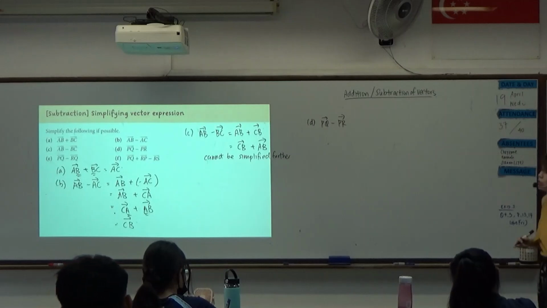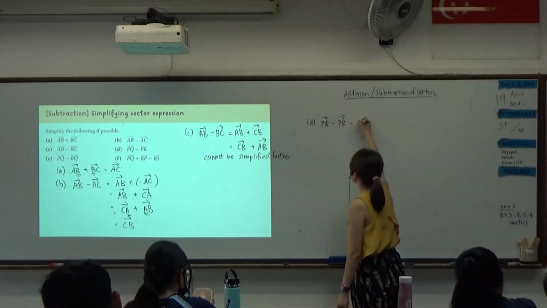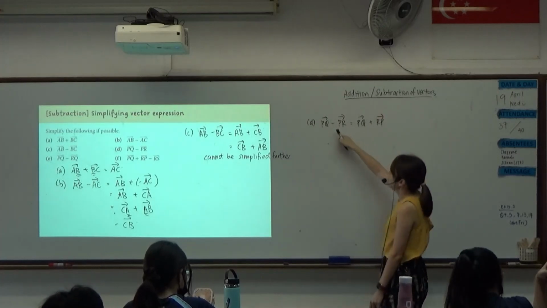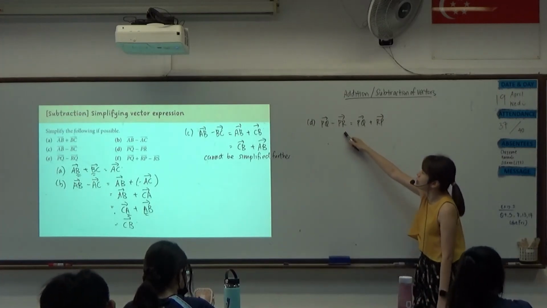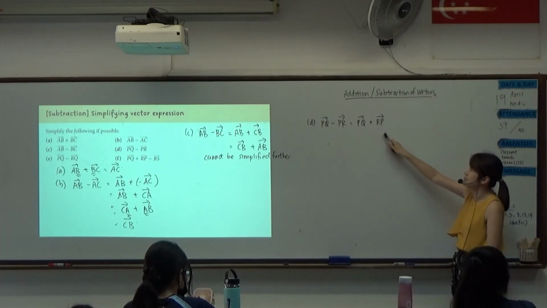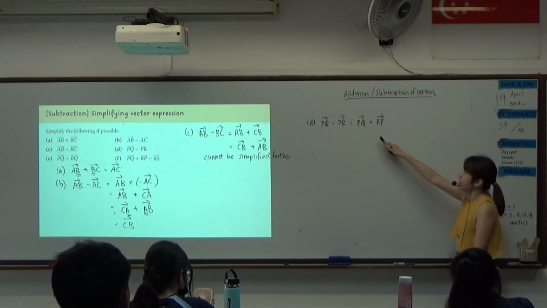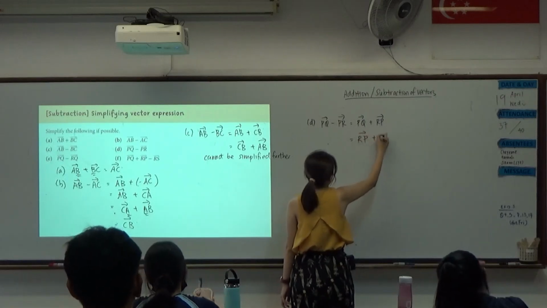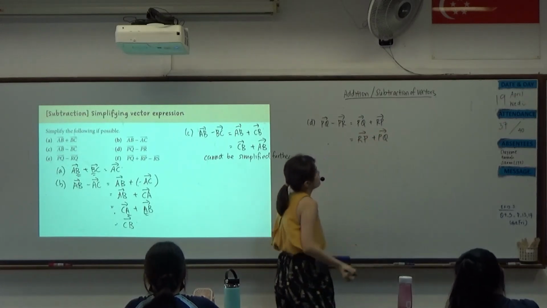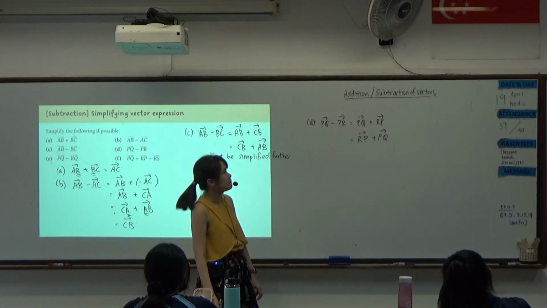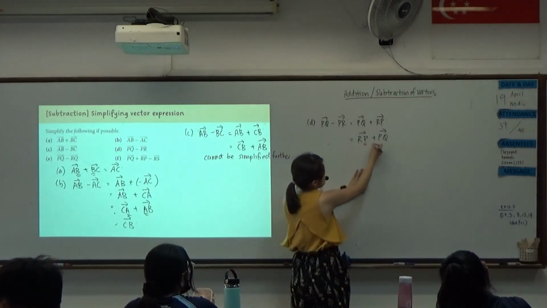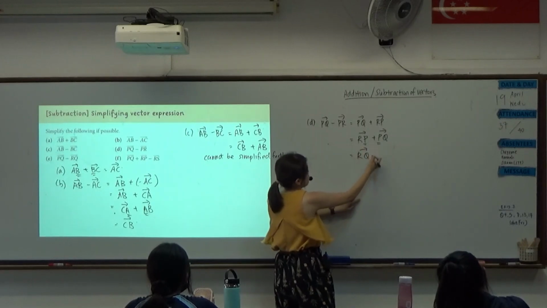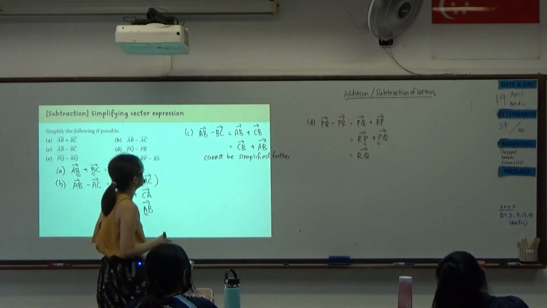Then we look at PQ minus PR. With the minus sign, I flip the direction of PR to RP. I notice that both have a P, so let's attempt shifting them around by rearranging them into RP plus PQ. And we see that the middle is the same, and therefore it simplifies to a vector RQ.